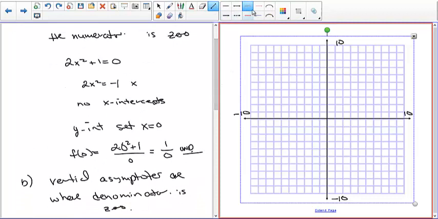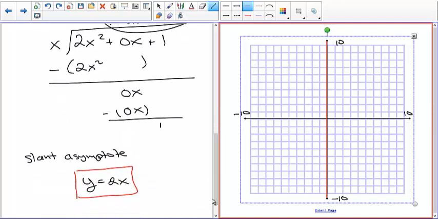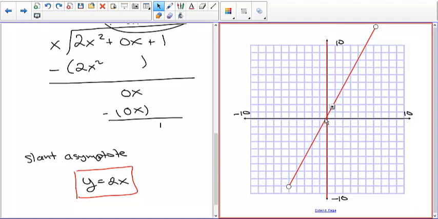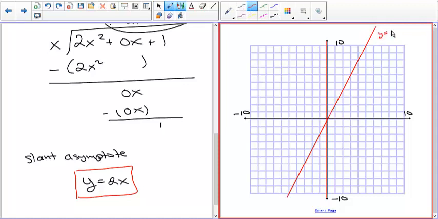The vertical asymptote is just x equals 0. And then we have this slant asymptote, which is y equals 2x. You're going to go through the origin, with a slope of 2, and it's going to go either side of this. So that's the line y equals 2x, and this is the line x equals 0.